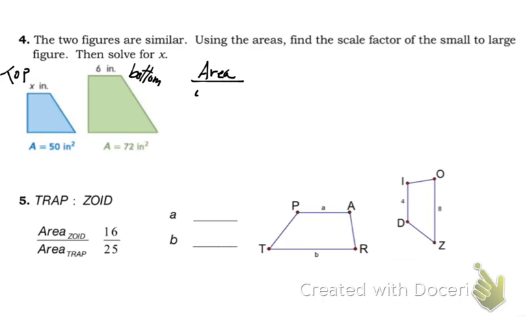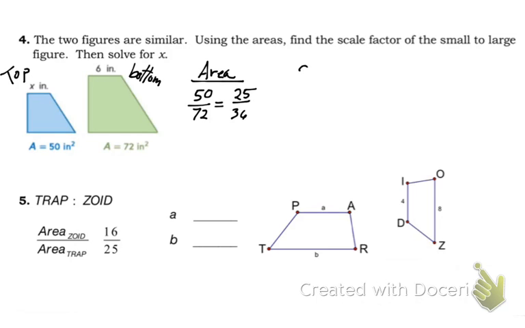So that'd be 50 over 72. What does 50 over 72 simplify to? That's just 25 over 36.